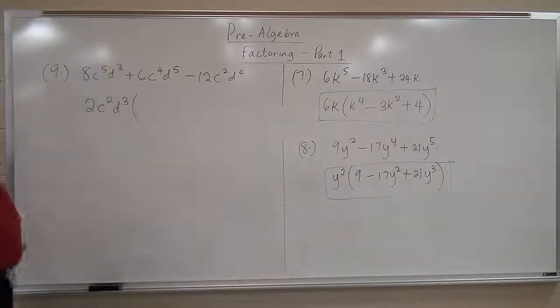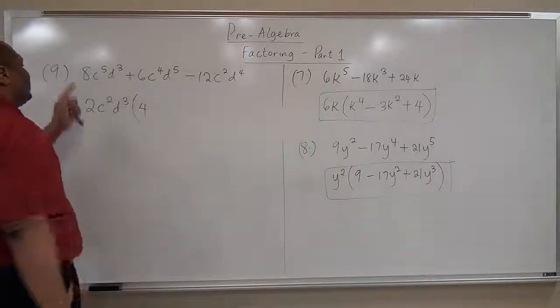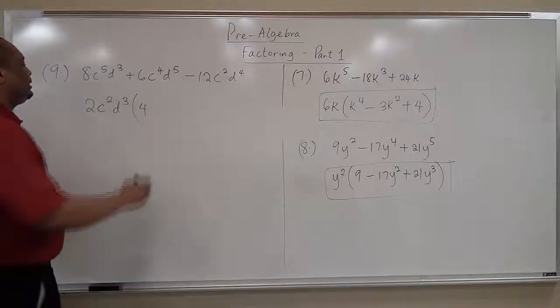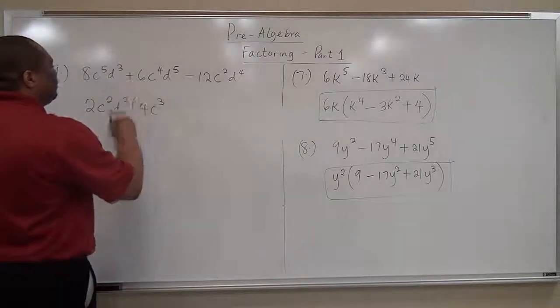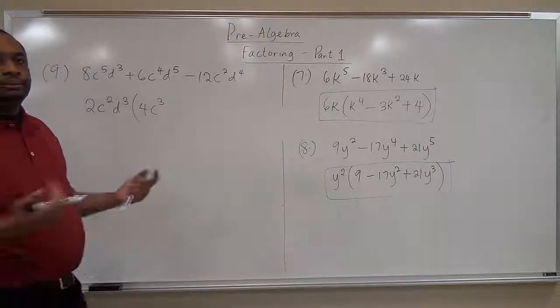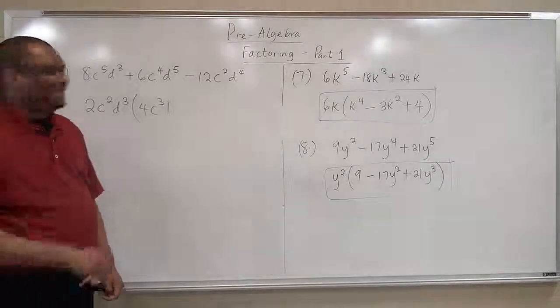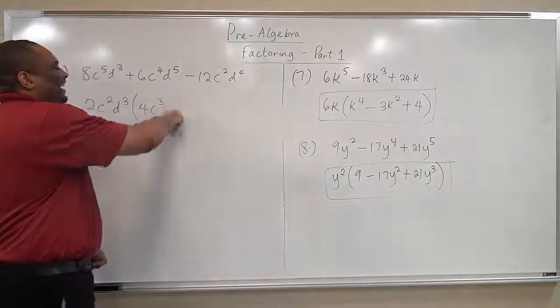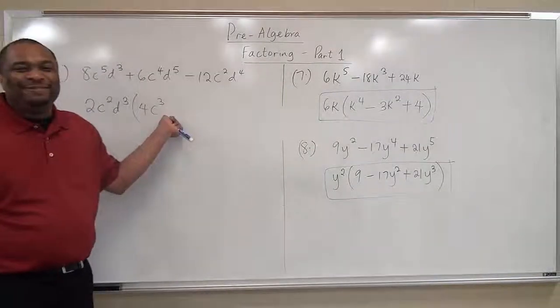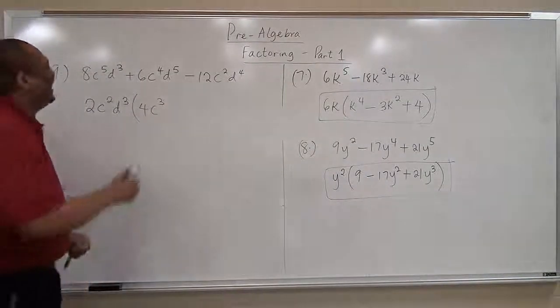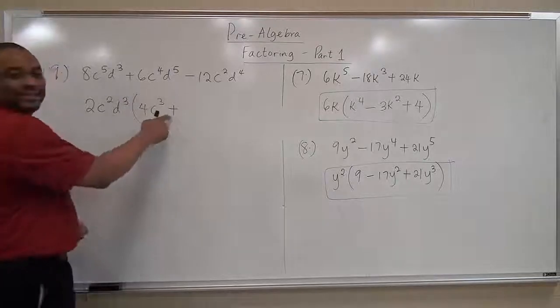What is remaining? 8 divided by 2 is 4. c⁵ divided by c squared is c cubed. d cubed divided by d cubed is 1. Leave it. Don't come here and start writing 1. I know some folks might do that, but don't.